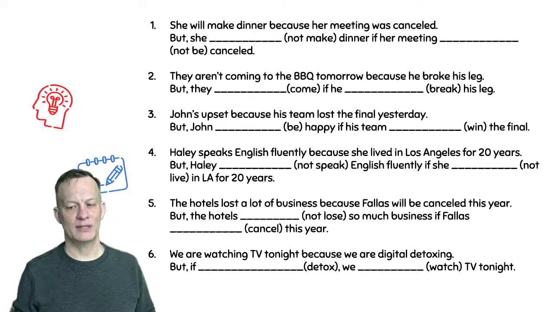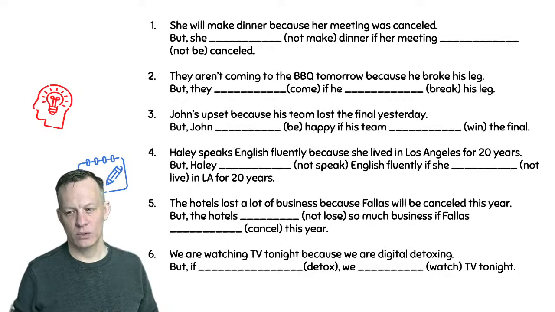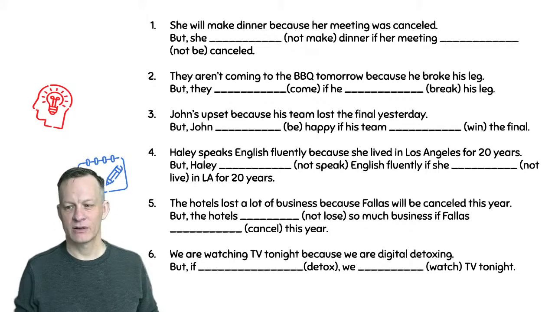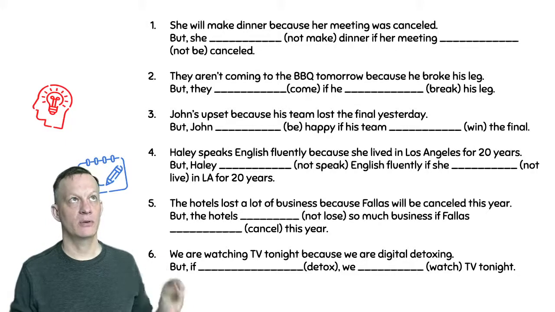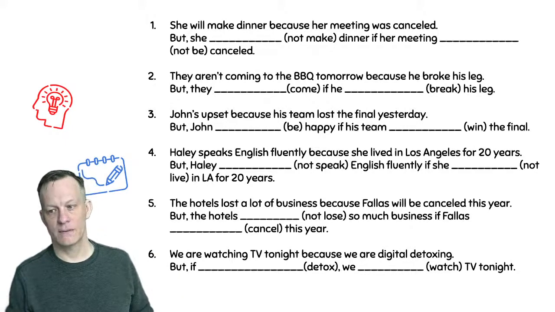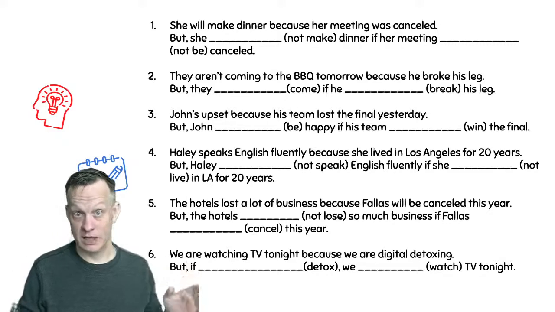We didn't do that with won't. But she weren't making dinner if her meeting hadn't been canceled. Ooh, Santi, you're so close. Irene, wouldn't make. Nah. Remember, how did we talk about an arrangement in the future? We use the present continuous. So we could say she will make dinner because her meeting was canceled.